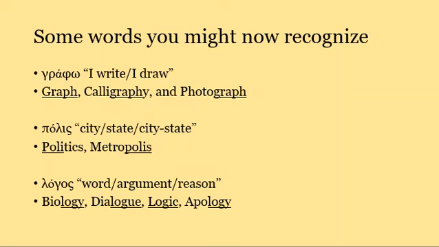The second word here, polis, means city or state or city-state. In the ancient Greek world, those lines of city and state were often blurred. And this is where we get politics, essentially things pertaining to the state, and metropolis, which literally translates to mother city.